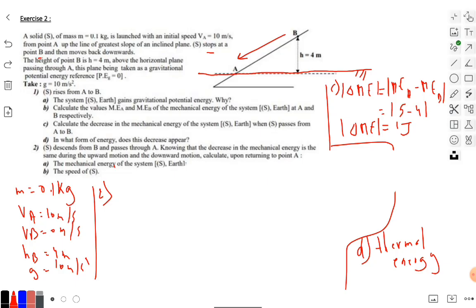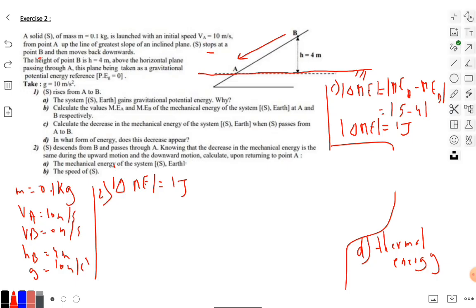So delta ME is equal to 1 joule in absolute value. Calculate, upon returning to point A, the mechanical energy of the system S-Earth.